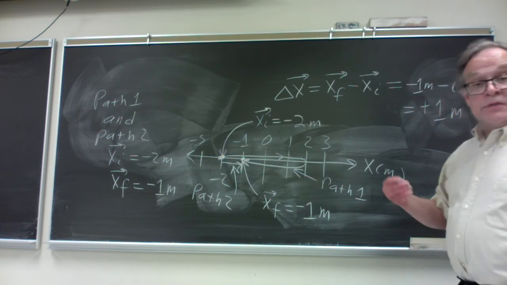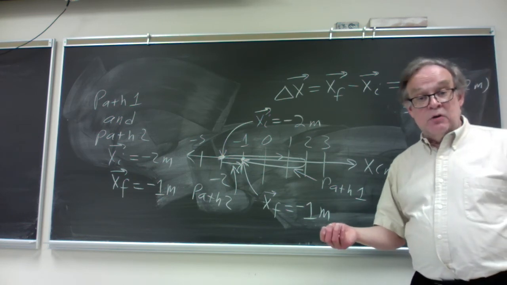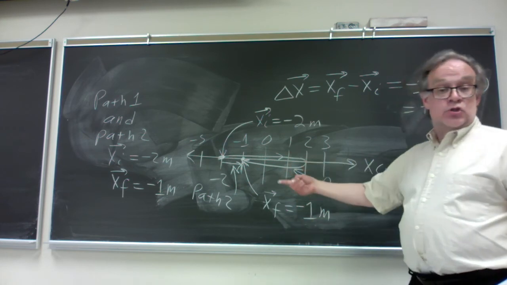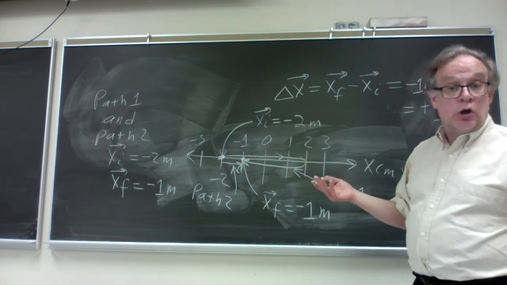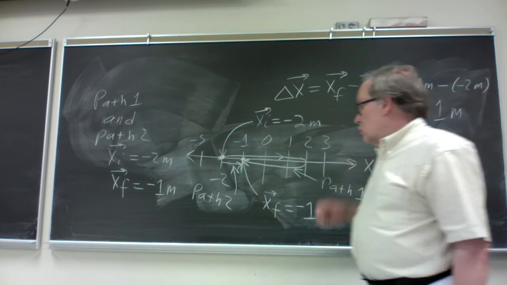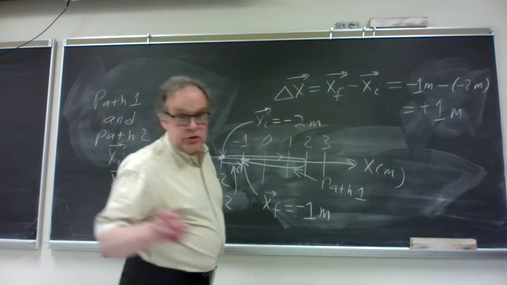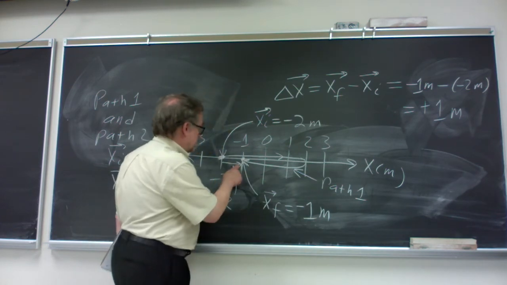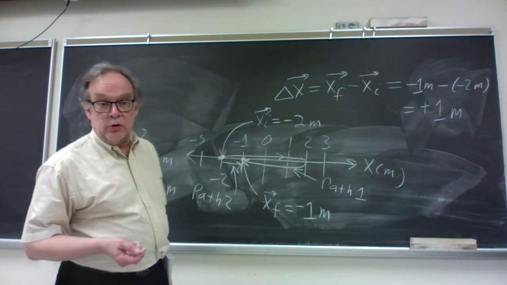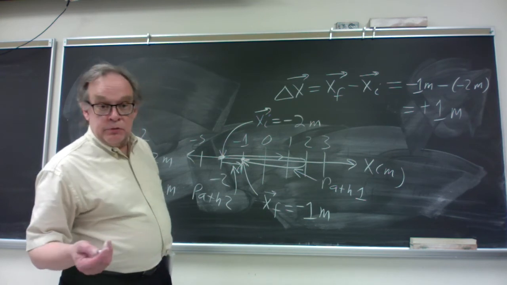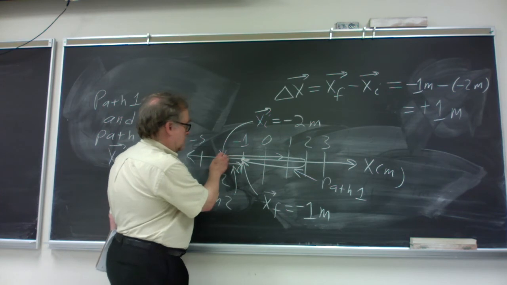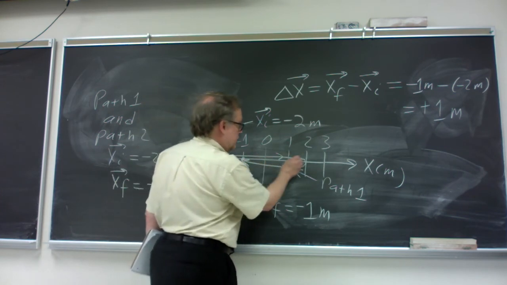But the displacement is the same for both path 1 and path 2, even though the total distance traveled for path 1 is much larger. The total distance traveled for path 2 is just 1 meter. But the total distance traveled for path 1 is what? Here's 2 meters and then another 2 meters.